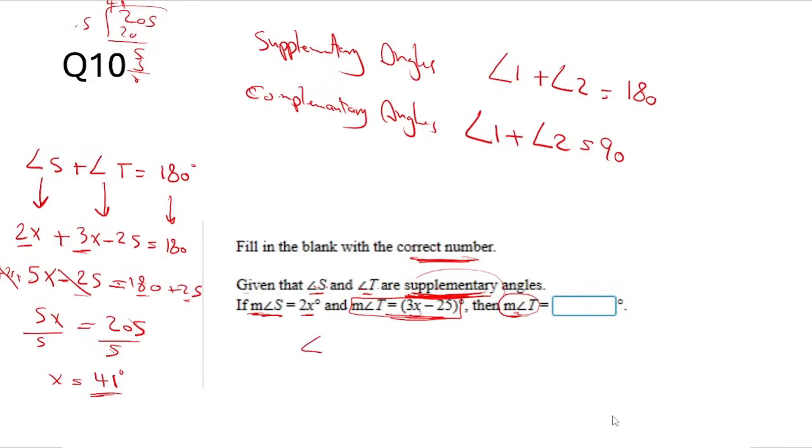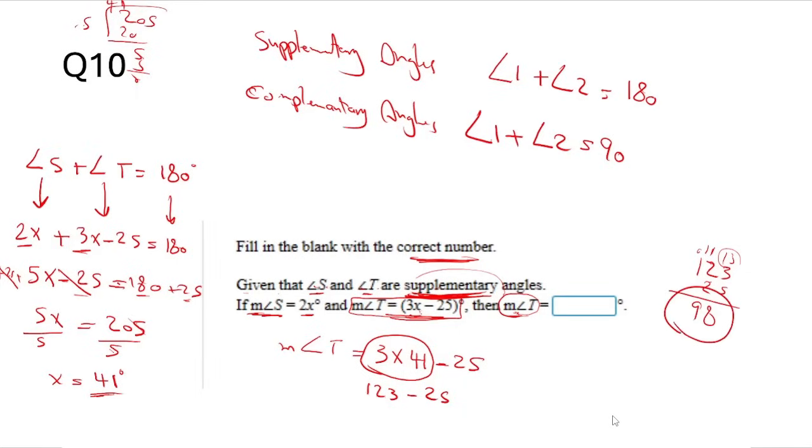The measurement of angle T will be equal to 3 multiply 41 minus 25. 3 multiply 41 will be 123, minus 25. It will be 98. So the angle here would be 98.